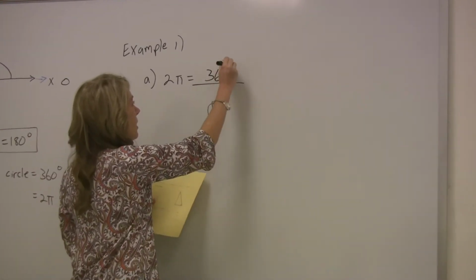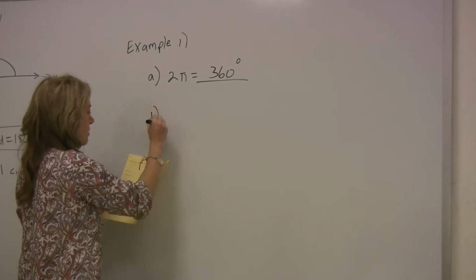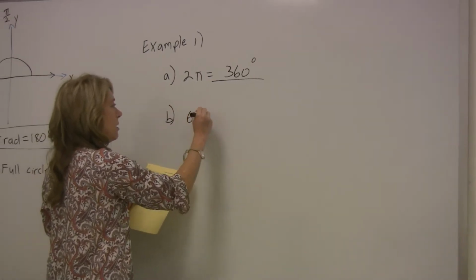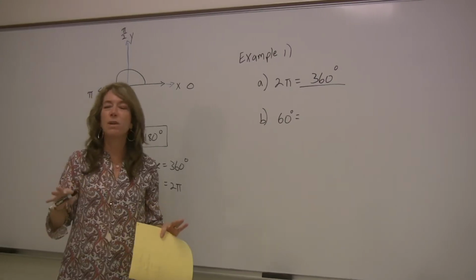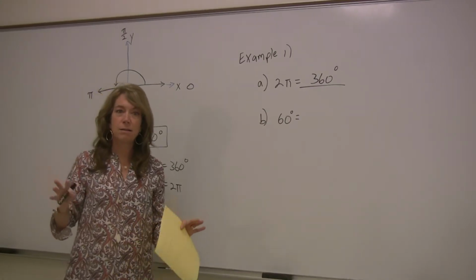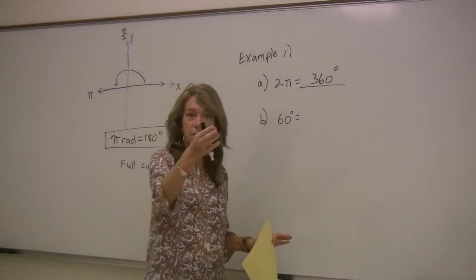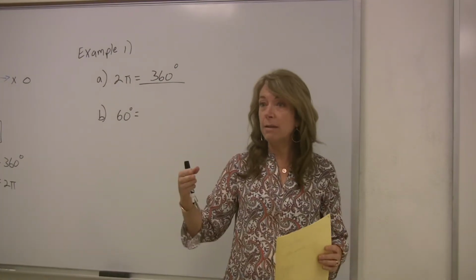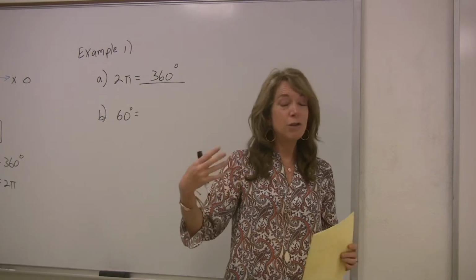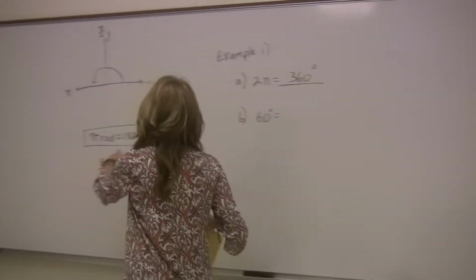I'm going to talk about quick ways to do this too. The next one is 60 degrees. Some people who already think in radians know what 60 degrees is in radians. Who knows? 1/3 pi. He already knows it's 1/3 pi. Some people know it's pi over 3. If you don't know it, that's part of what today's for. You just have to know this fact.